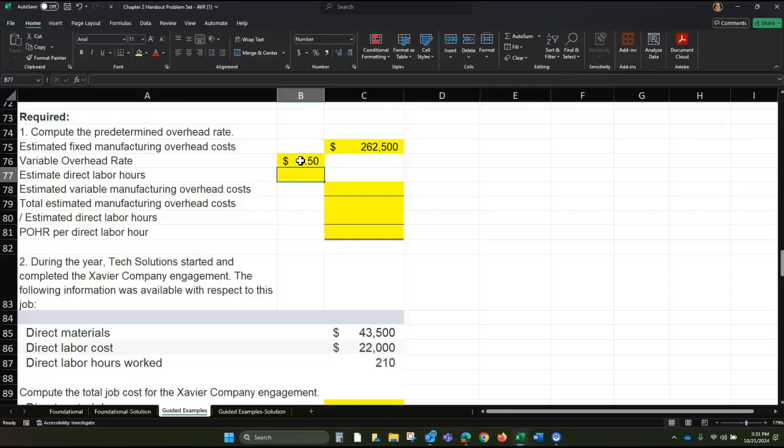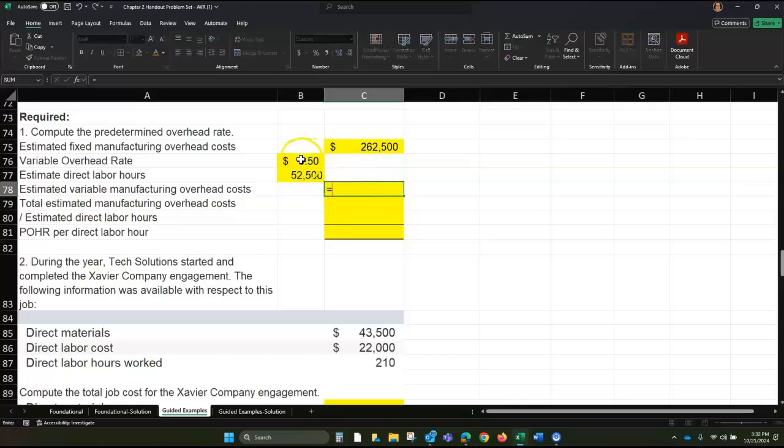The estimated direct labor hours was 52,500, which gives us 50 cents times 52,500 for our variable piece of the overhead, which is 26,250. So total overhead becomes the sum of those two, or the 288.